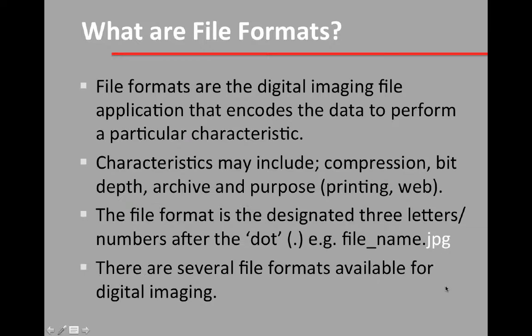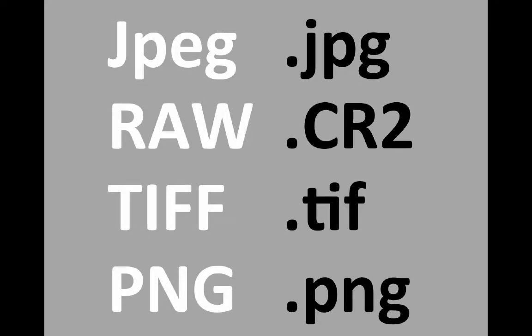There are several different file formats available with digital imaging, and we're going to have a look at some of the most common ones now. The 4 most common file formats or applications for digital imaging are JPEG, RAW, TIFF and PNG.